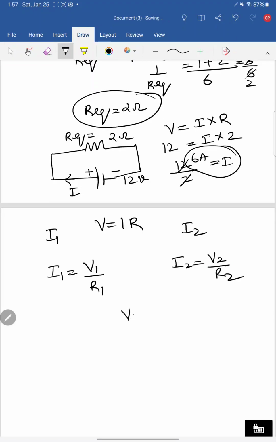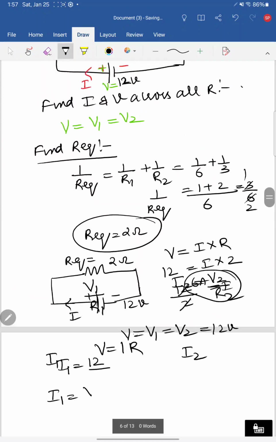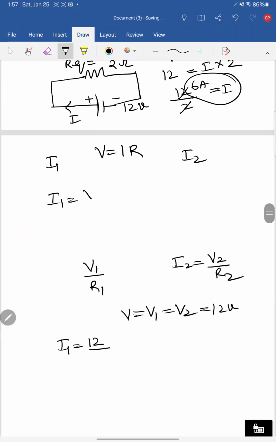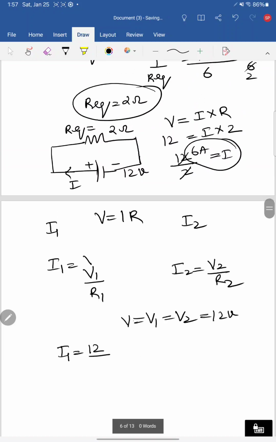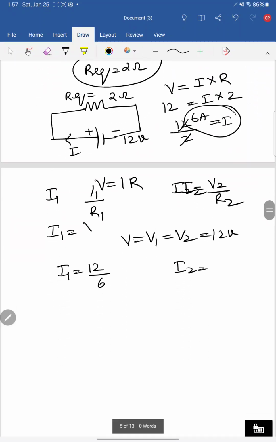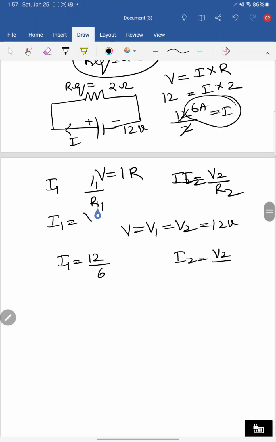We know that V is equal to V1 is equal to V2, that is equal to 12 volt. So I1 will be equal to 12 divided by R1. What's the value of R1 in the circuit? The value of R1 is 6 ohm. So it will be 12 by 6, and I2 will be V2 by R2, that is 12 by 3.